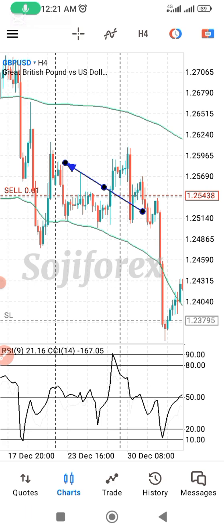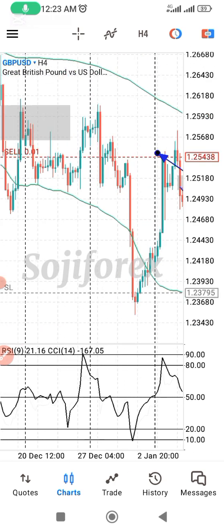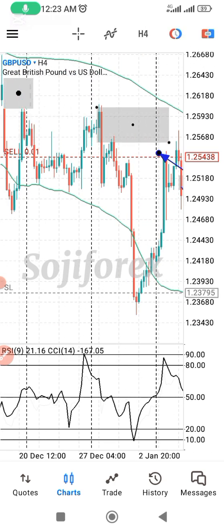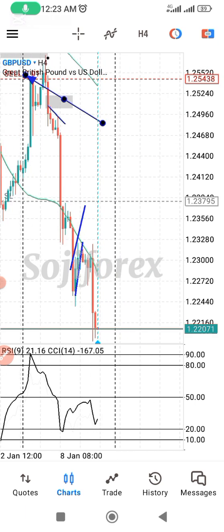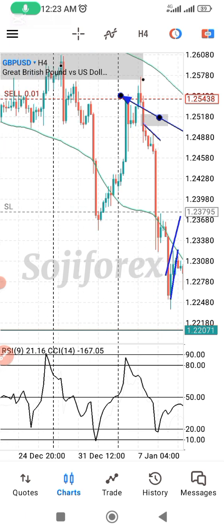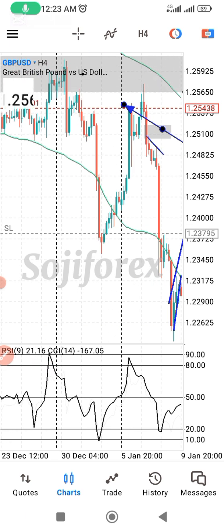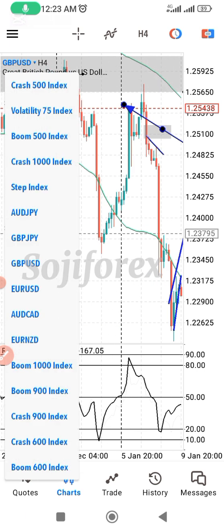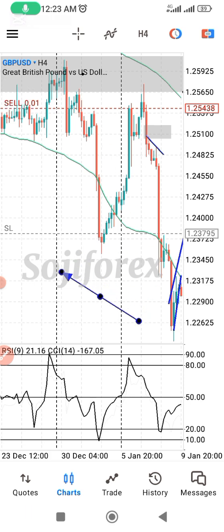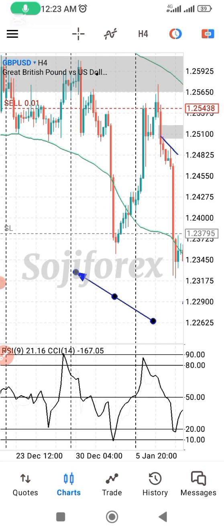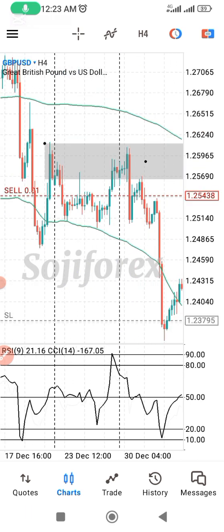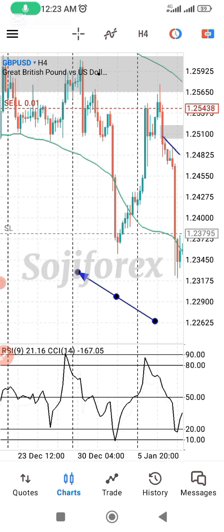Once that is done, here is the entry for this trade. So this zone becomes my constant level of resistance, and so I mark this zone, and this is how I was able to make this particular entry. So when price left here, price gave us a new lower high.